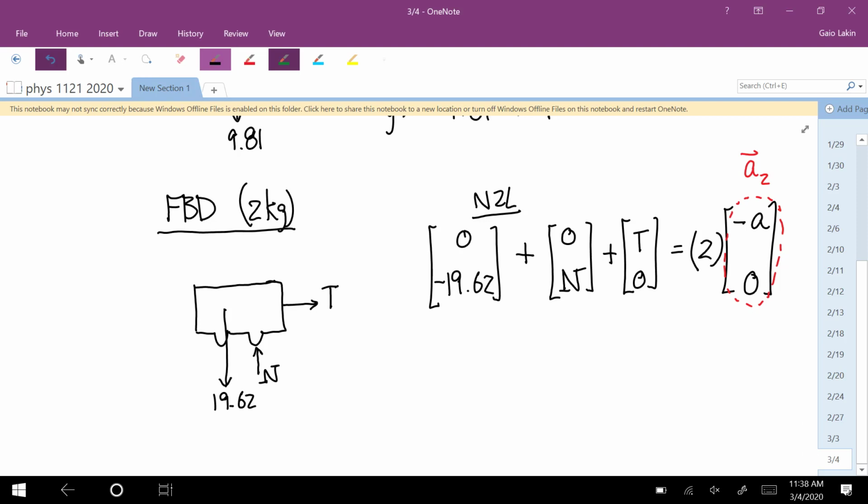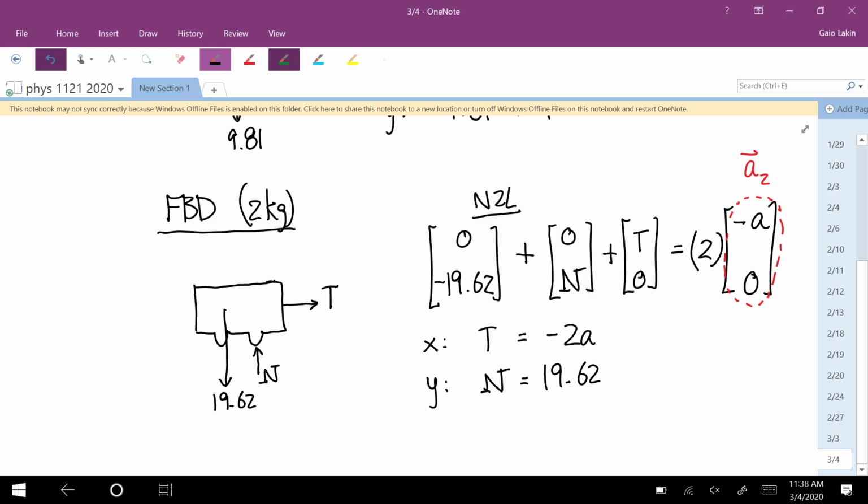So the two equations here say, the x equation says T is equal to negative 2A. The y equation says N is equal to 19.62. And now we have, again, two equations that we can solve for two unknowns.